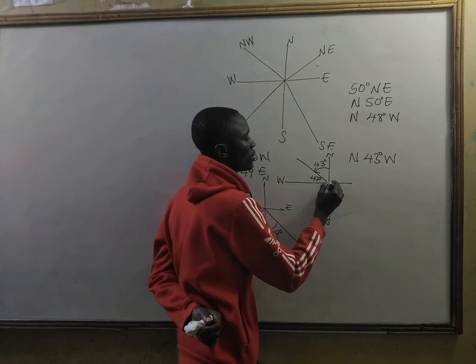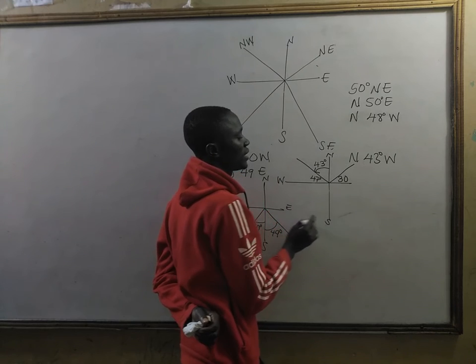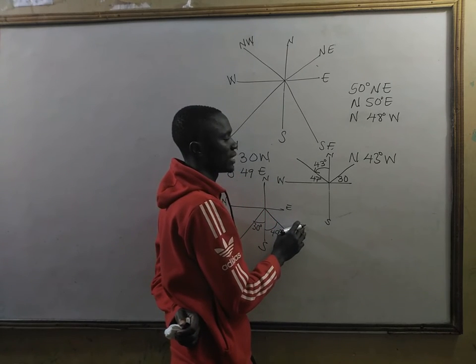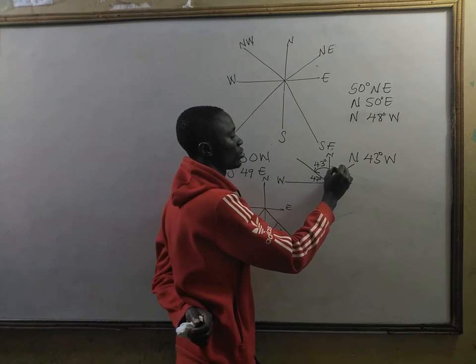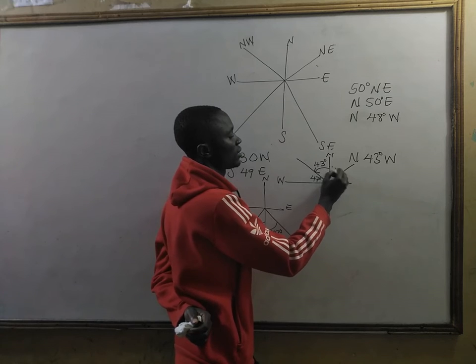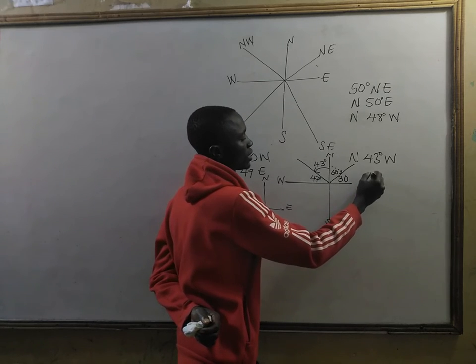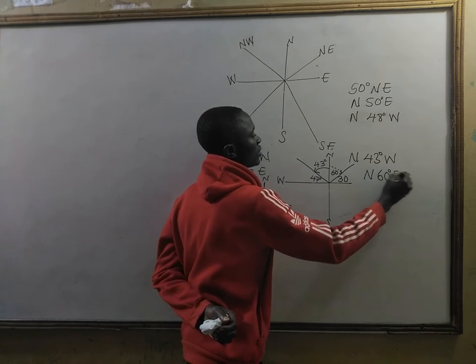43 degrees northwest. Very simple as that. You can also do the same here by putting, let's say, 30 here. That's not the angle we are looking for. We are just looking for north to the east line. So this is 60. So this one also is north 60 degrees east.